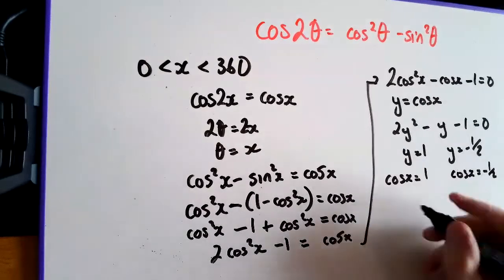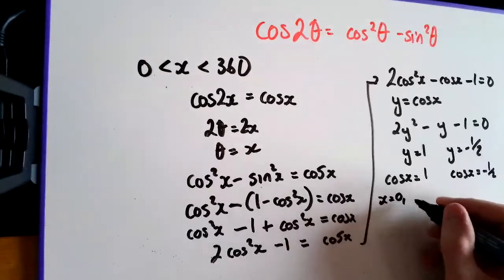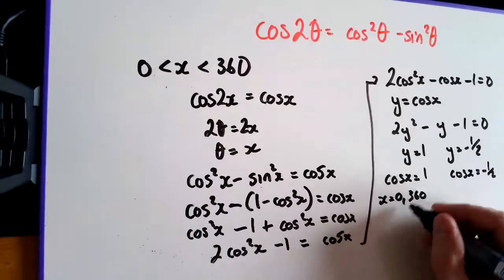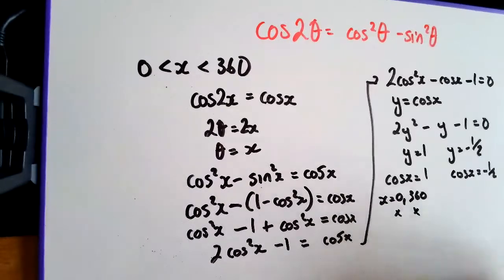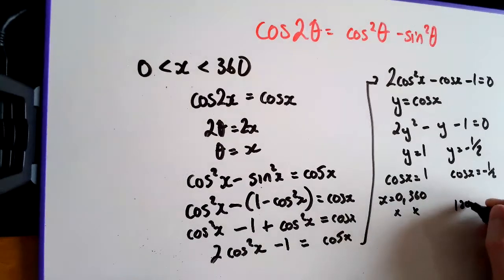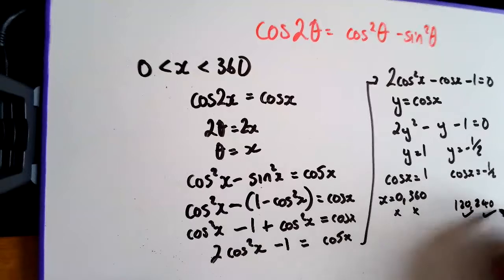in the normal way. So from this one I get 0 and 360, and then not in the range. And this one, let me just double check what that one is. We get 120 and 240 in there in the range.